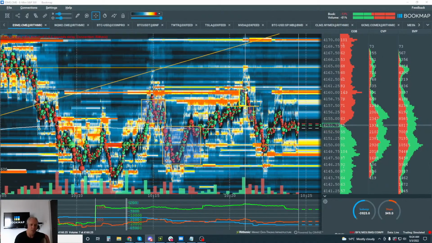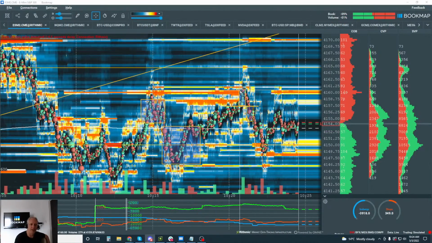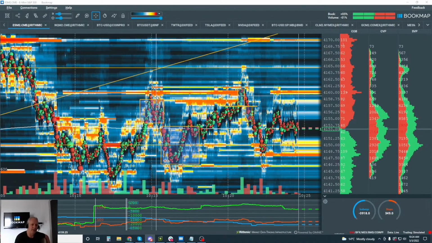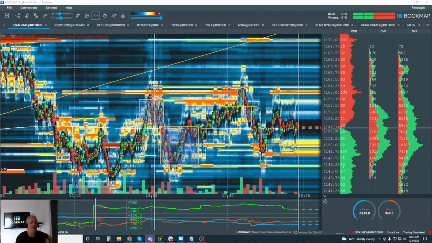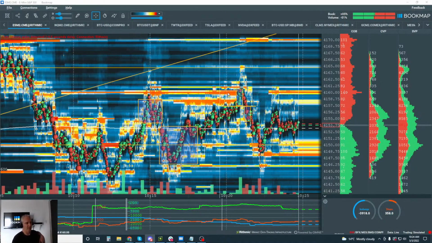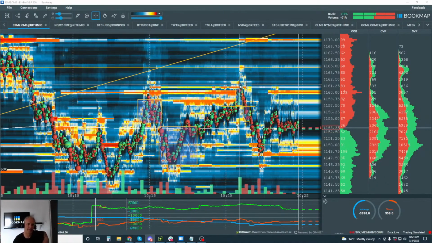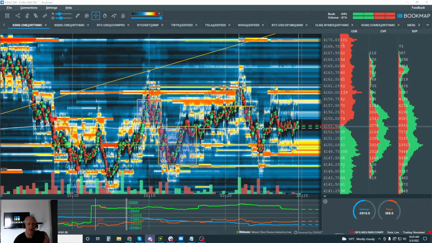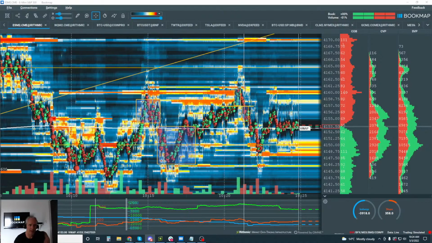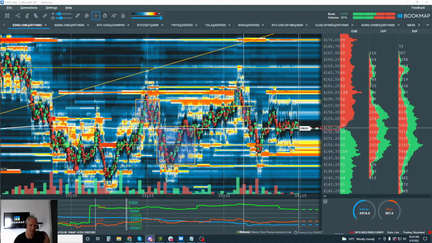Okay, think about it up here. If you're a seller, or a range bound trader, or let's say a market maker or stat arb trader, you're going to wait until it's away from the average and then trade it back to that average.